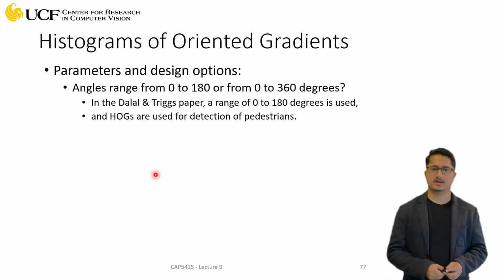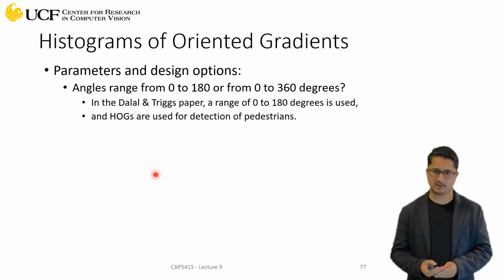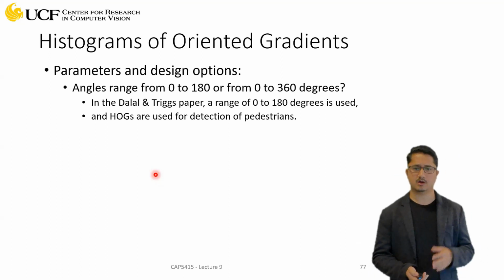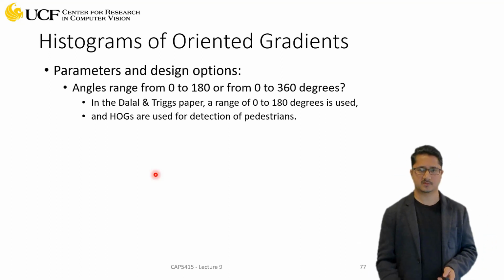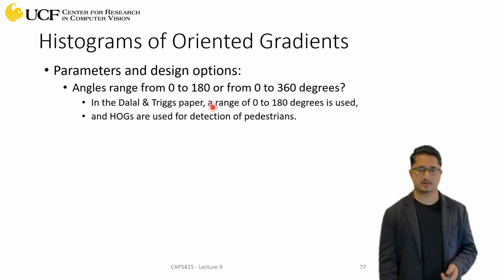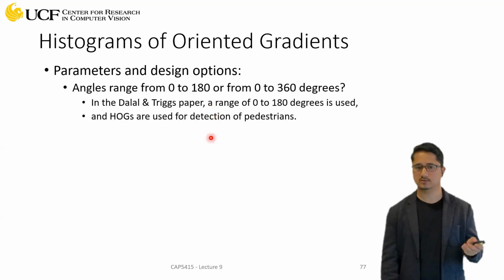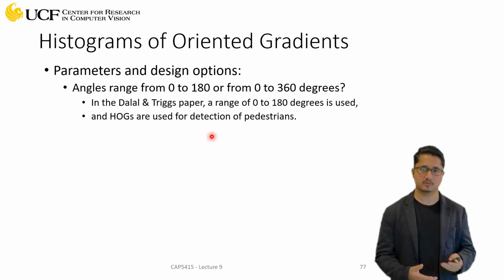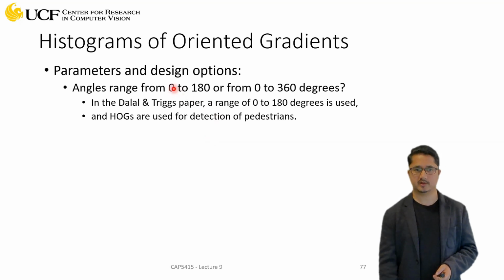Okay, so now there are different sets of parameters which play a very crucial role in how good the features will be. One of the parameters is how many bins you should use. In the example we discussed, we were using 9 different bins, but of course you can use more bins or fewer bins as well. You know that your range is from 0 to 180 or 0 to 360.